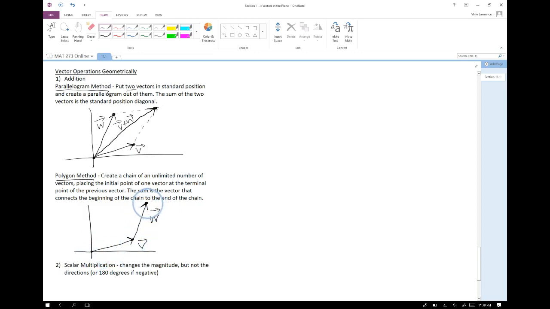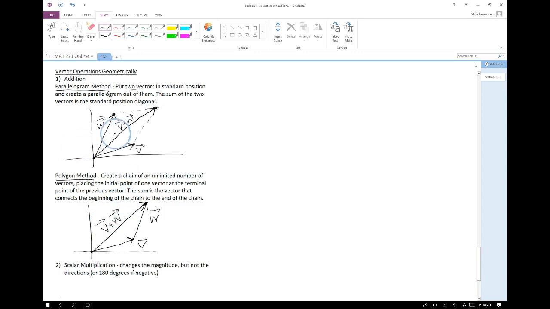And if I have a third vector where w ends, my next vector could start. The sum of the vectors is when we connect the very beginning of the chain to the very ending of the chain. And since I only used 2 here, it would just be v plus w.